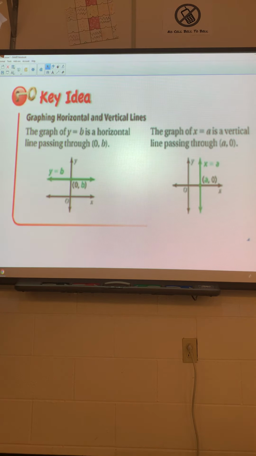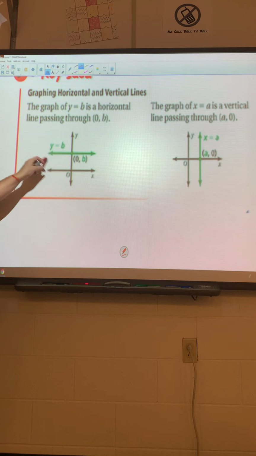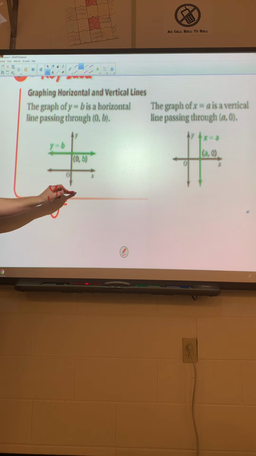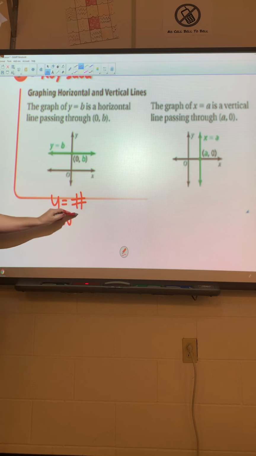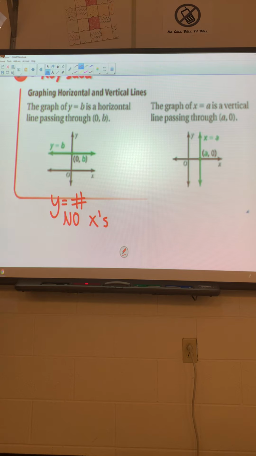All right, so what I want you to write here is that if you have a y equals a number and there are no x's, are we drawing arrows? Yes.